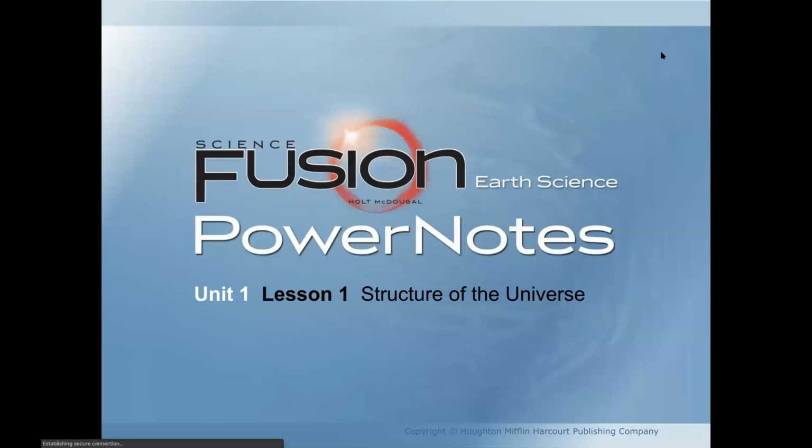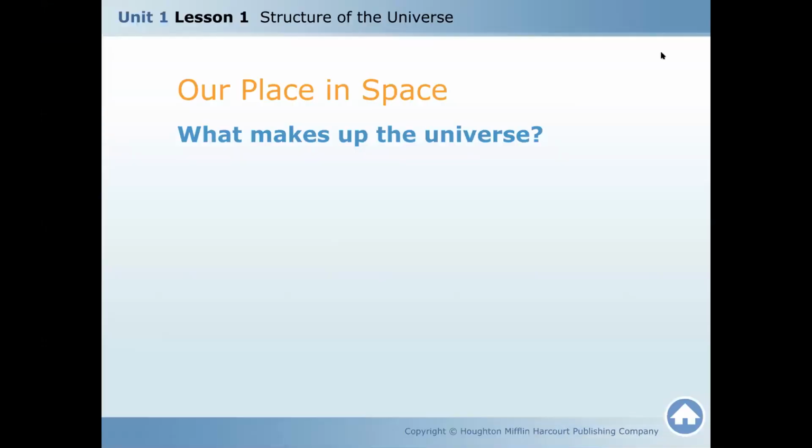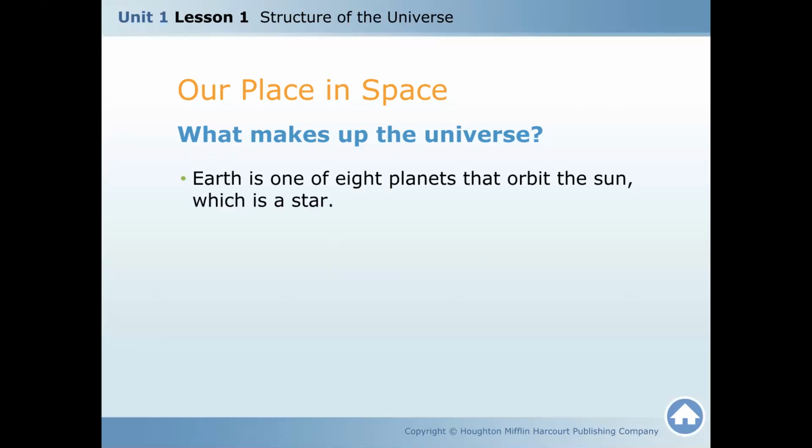Okay, there we are. Our place in space. What makes up the universe? Earth is one of 8 planets that orbit the sun, which is a star. And remember what I said about there being millions and billions of stars that are members of different galaxies?